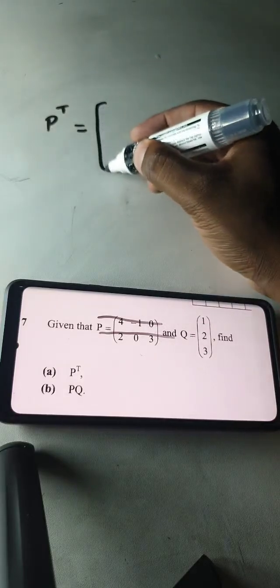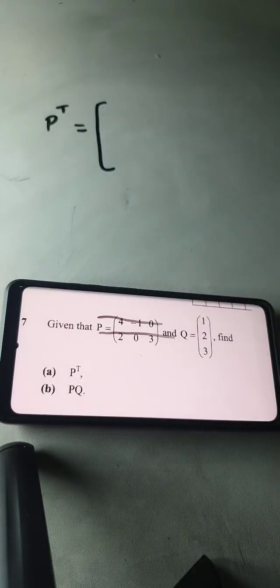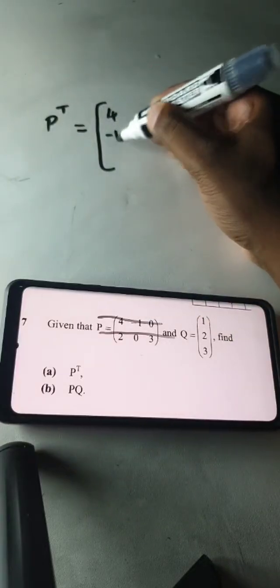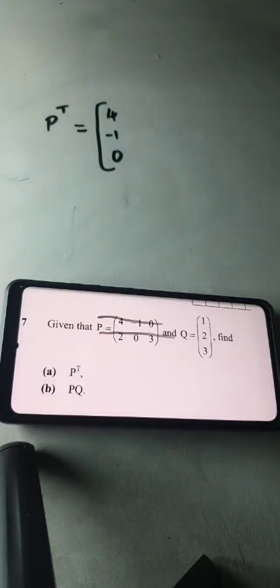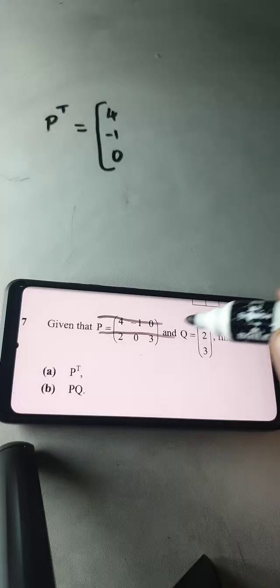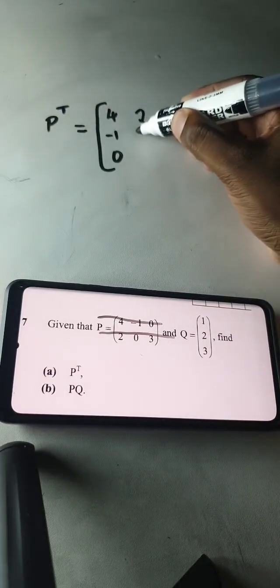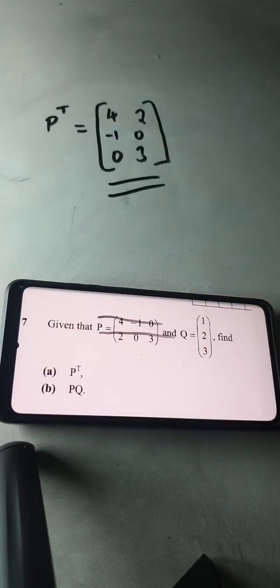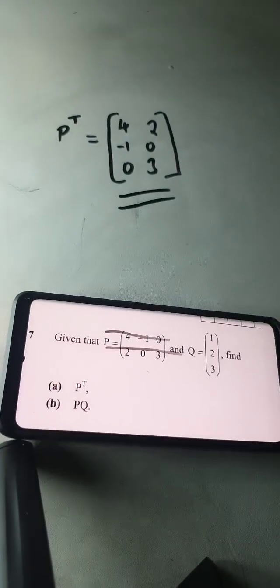So our first row becomes our first column, so it will be 4, negative 1, 0. Then our second row becomes the second column, so it will be 2, 0, 3. That's it, just like that.